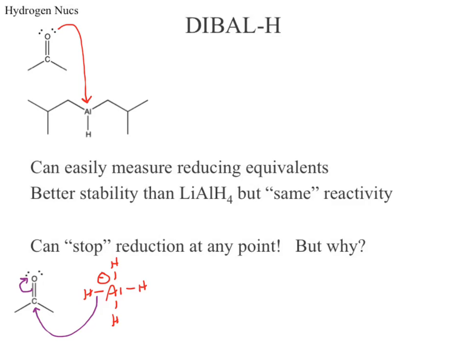The oxygen is negative and the aluminum isn't officially positive, but what's the hybridization of the aluminum? sp2, which means what's left over? An empty p orbital. What can we put in that empty p orbital? The electrons from our oxygen.